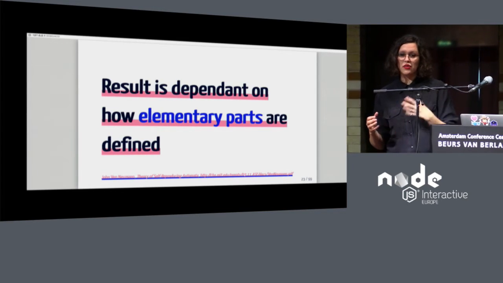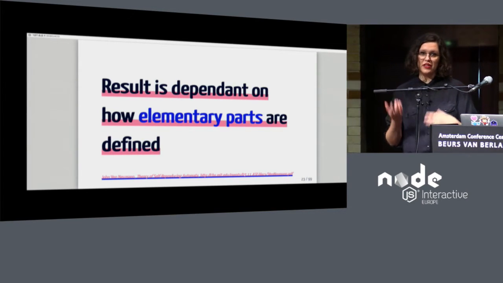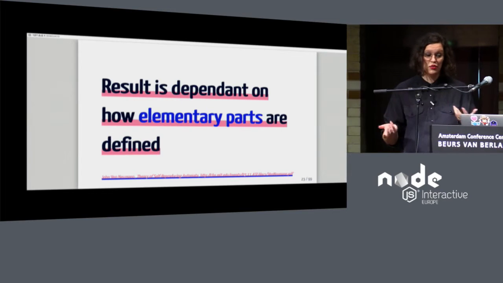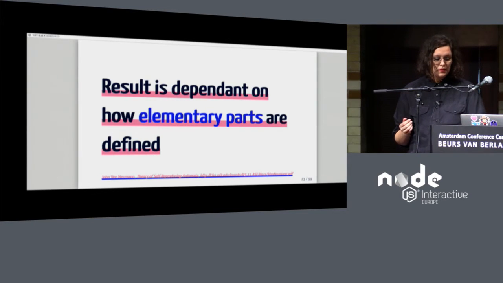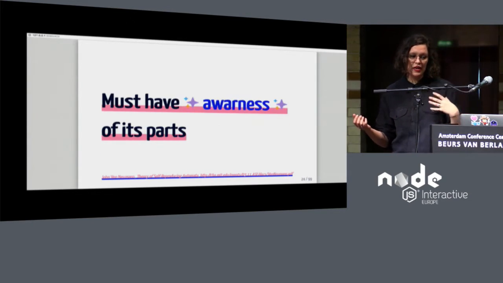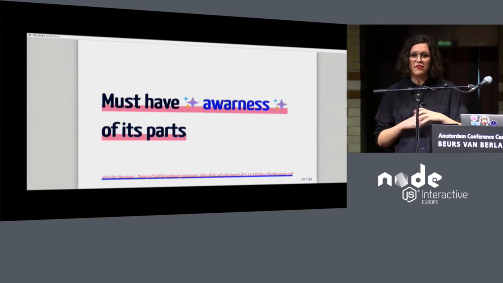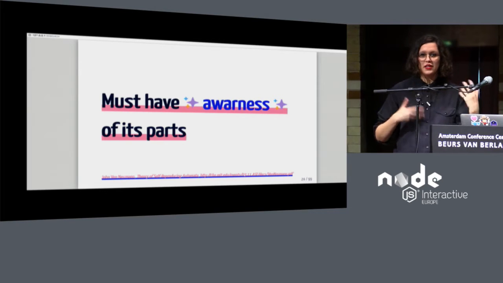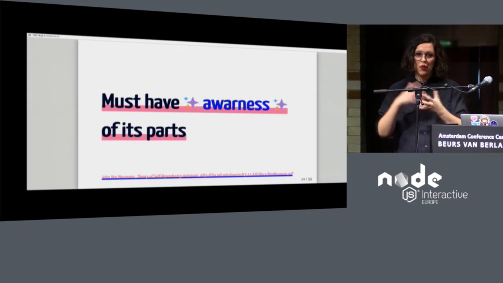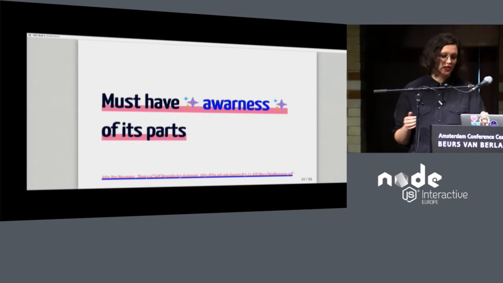So it's dependent on how the rules are set, and everything that functions with automata is based on the rules. Second is that an automata must be aware of what's happening around it and what its neighborhood is like. It must be aware of itself and its surroundings.